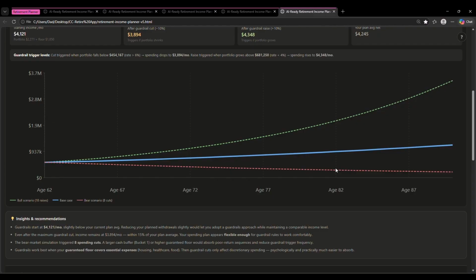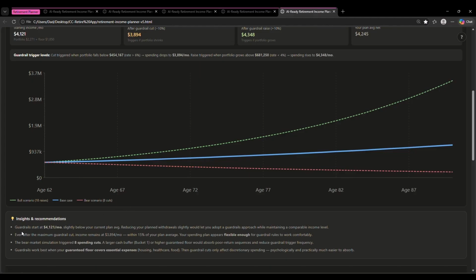If it triggers 6, the strategy may be too aggressive for your portfolio. And we've got 18 raises in our bull scenario and 8 cuts in our bear scenario. So again, a lot to understand there, and something that we can dig into and learn more about.